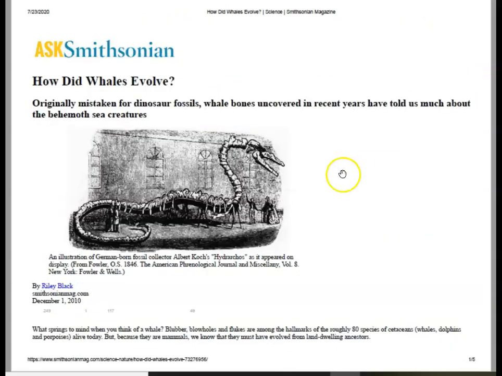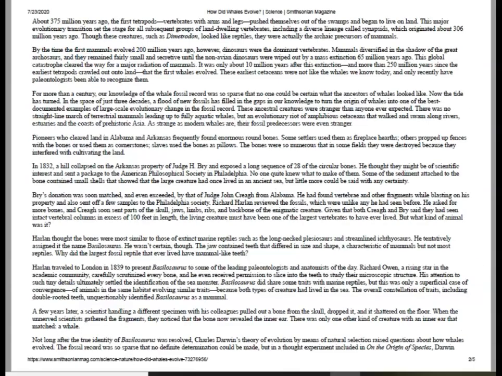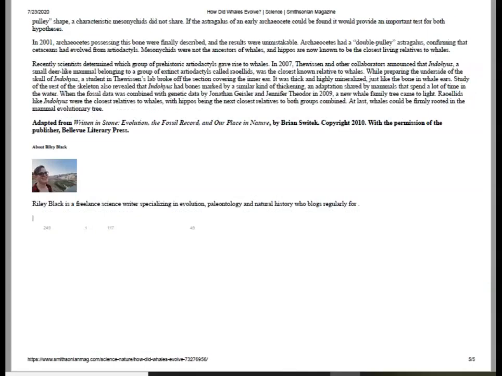So if you're reading something like this and you are not sure if this is a scientific journal article or not, first, you can look at, is there an introduction, materials and methods, results section? Does it have graphs in it? And then you can also look down and see, is there a literature cited section?